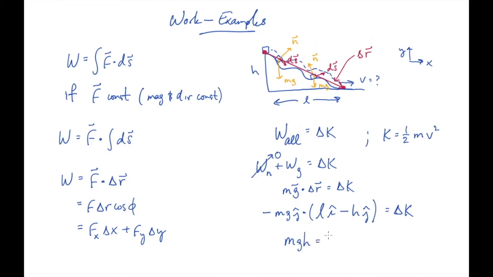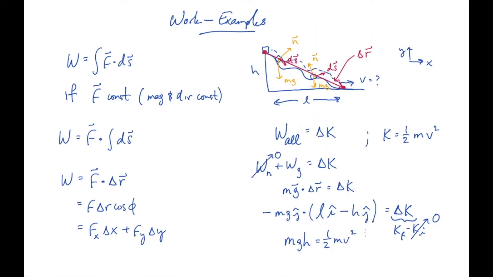Gravity does positive work as this box slides down this bumpy path. How much positive work? It's the vertical component of force times how far down the object moved as it slid. And that's going to equal delta K. Now, this delta K is Kf minus Ki. If the box starts from rest, if it's not moving here and just starts to slide, then half mv squared is 0 at the initial point, and all we have is 1/2 mv squared at the bottom.